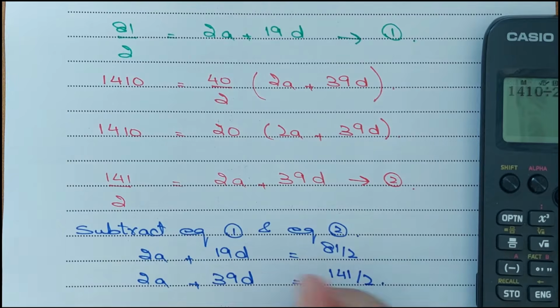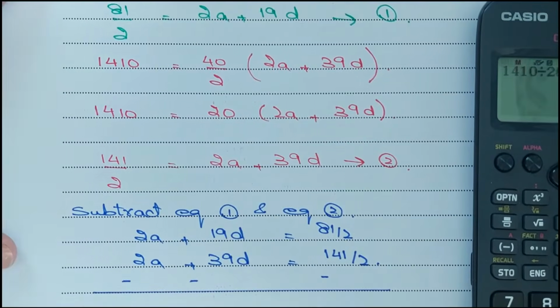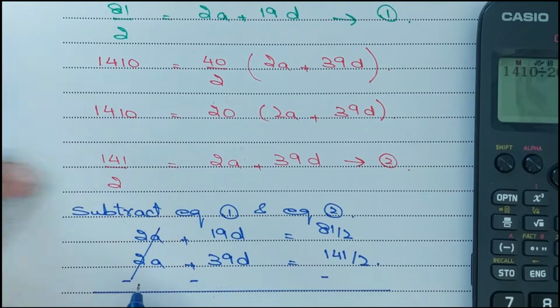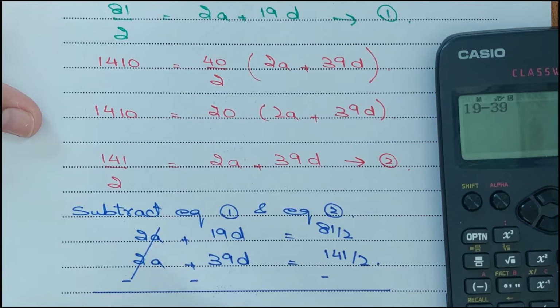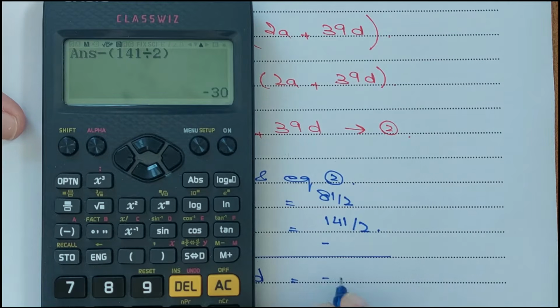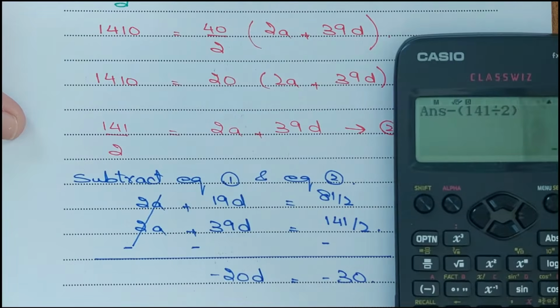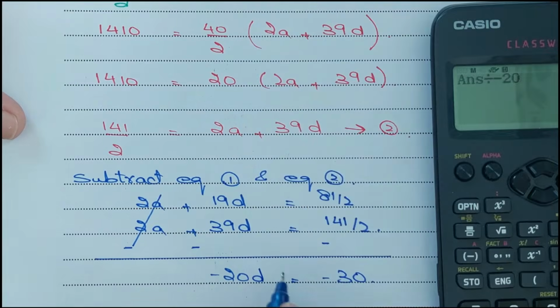Plus 2a and minus 2a cancel. 19 minus 39 is minus 20 times d. This equals 81/2 minus 141/2, which is minus 30. Then minus 30 divided by minus 20 is 3/2. So the d value is 3/2.